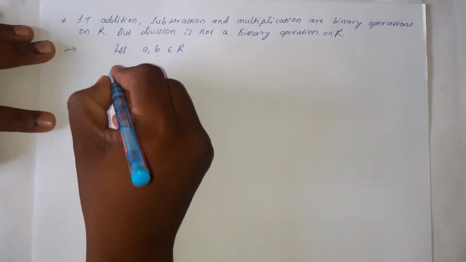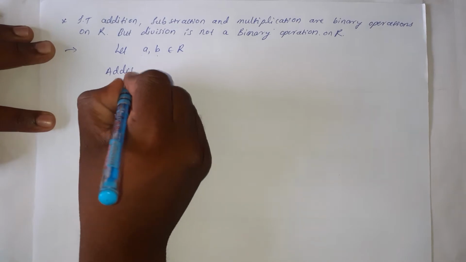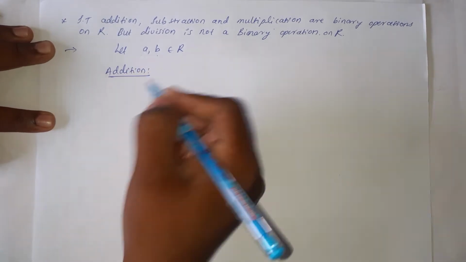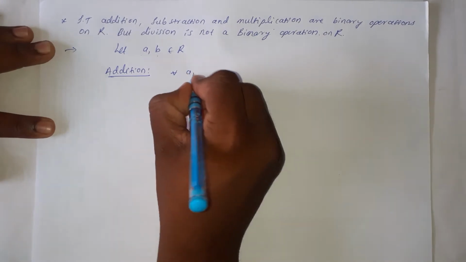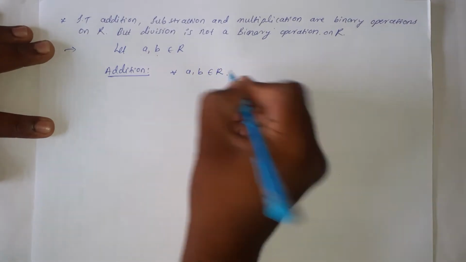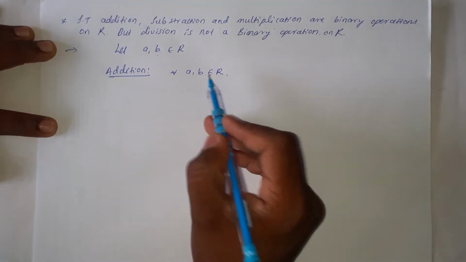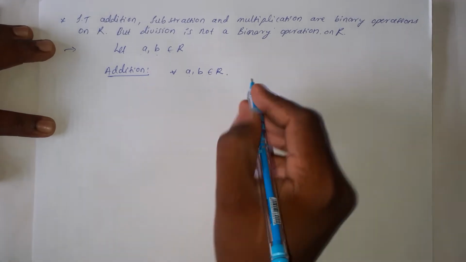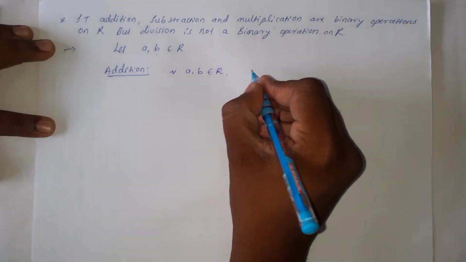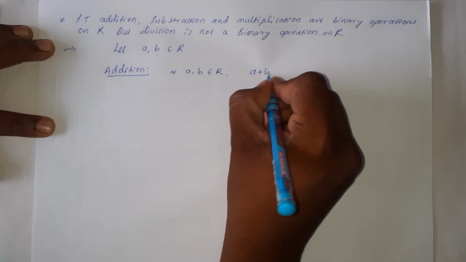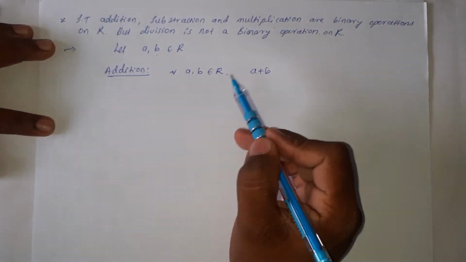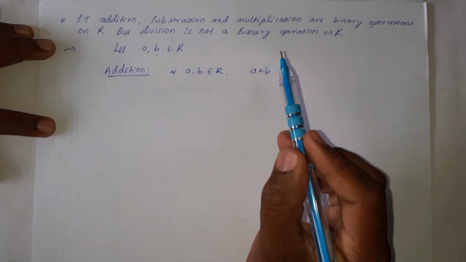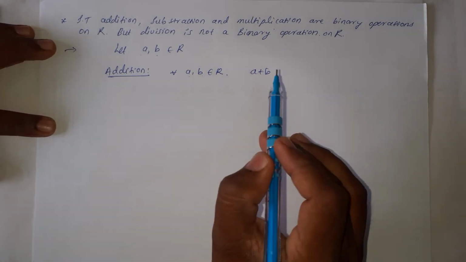So the first one is addition. For all a, b belongs to R, means for any two real numbers a and b, the binary operation is addition, that is a plus b. We know that if you add any two real numbers, then their sum is also a real number.